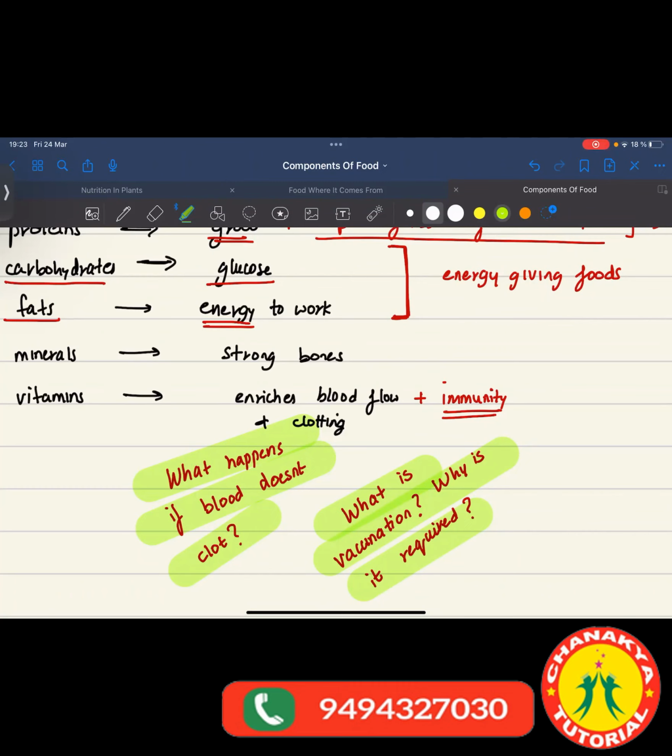It's because he has high immunity. His body is built well to protect itself from outside diseases and disorders. So vitamins help in protecting our body against diseases. This protection of the body against diseases is known as immunity.